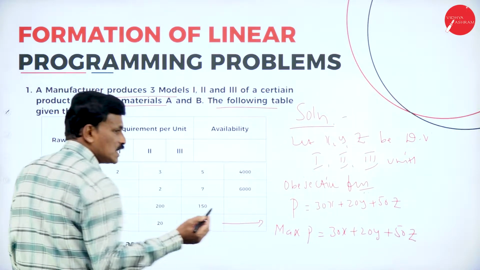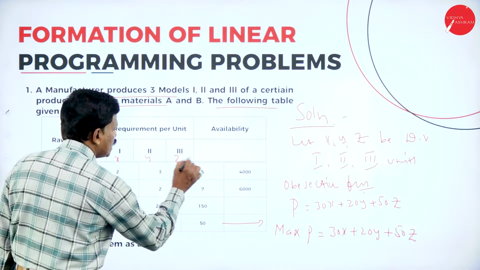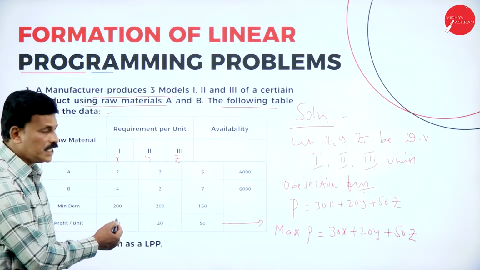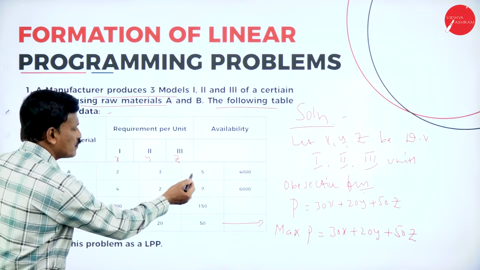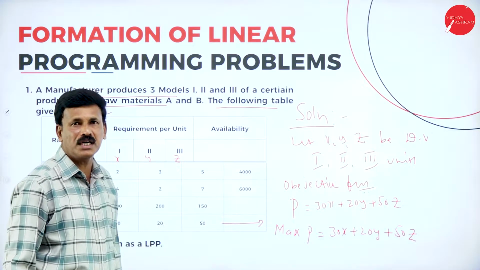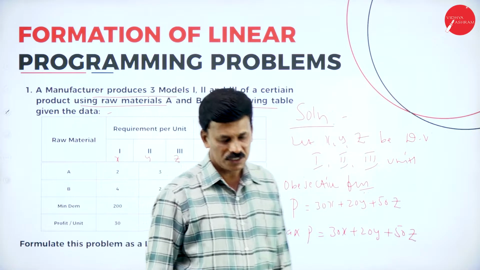So straight away easily you can put the decision variables are x, y and z. Straight away you can write for the product A, the equation is 2x plus 3y plus 5z, which is less than or equal to 4,000. The first equation for the product A, right? That is the constraint.